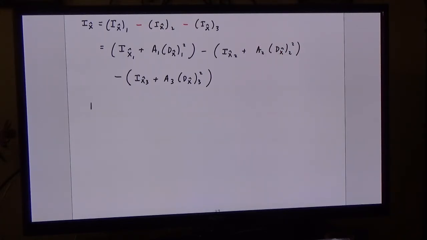So I need to specify what are the dx hat for each of the parts. In general, it should be the perpendicular distance between the old axis and the new axis. So for instance, part 1 would be the distance between x1 hat and x hat.